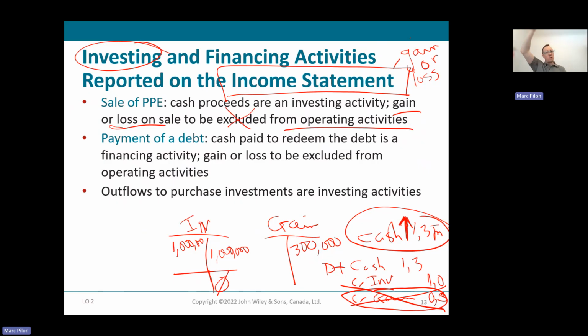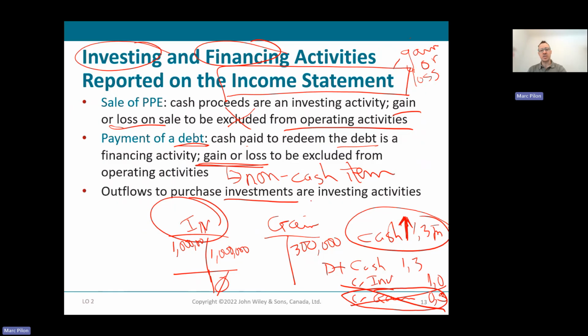The full 1.3 goes to investing because it's a sale related to an investment. This is how we've decided to categorize it. Same thing with debt. If cash is paid to redeem a debt, but it results in a gain or loss, the gain or loss is excluded from the operating activities as a non-cash item, and we include the full payment as part of financing activities.